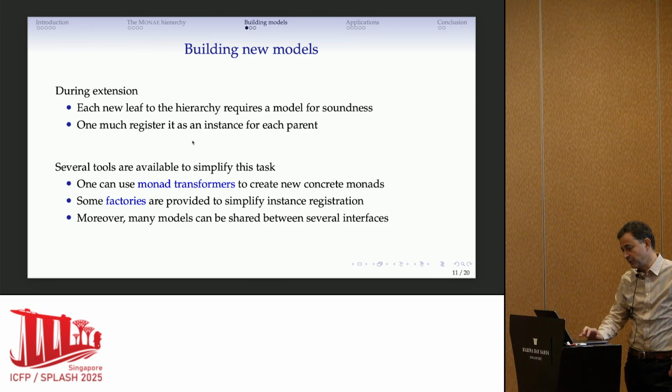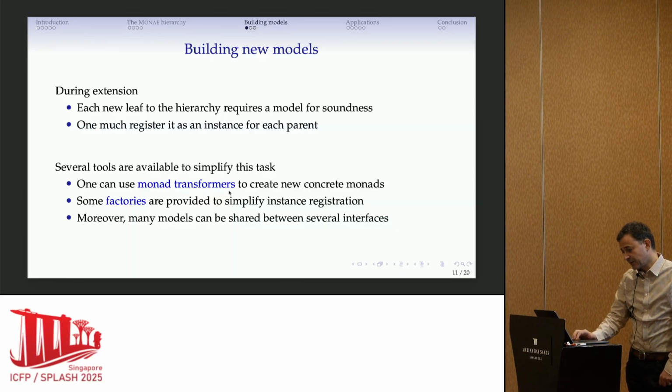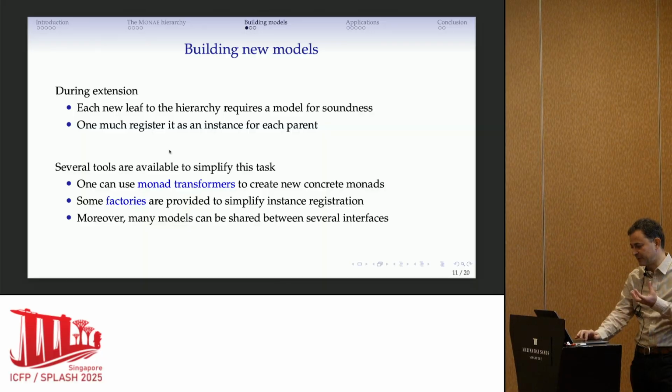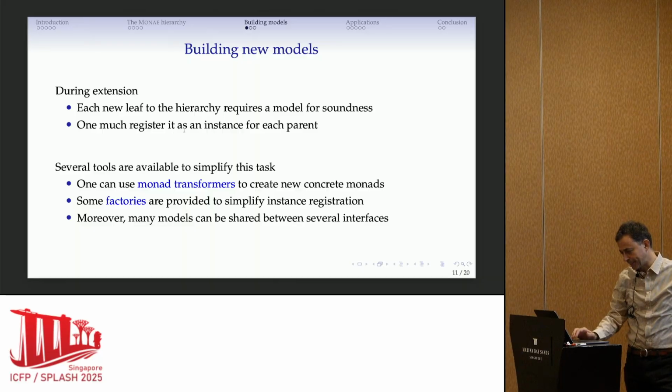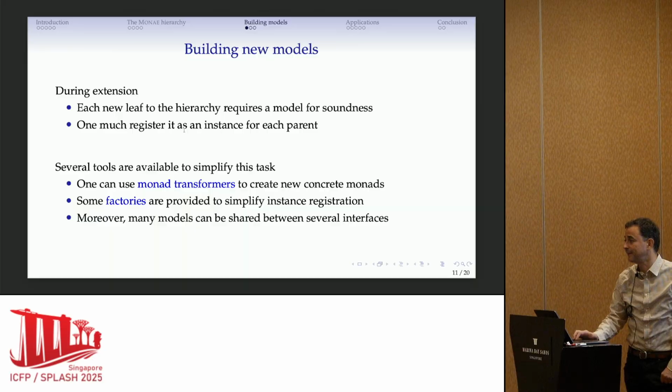One is that you can use monad transformers to create new concrete monads from existing ones. The other is a mechanism in Hierarchy Builder, a mechanism of factories, which allows you to simplify the instance registration, because it can be clumsy to have to add it for every parent. And also, we observe that many models can actually be shared between several interfaces.